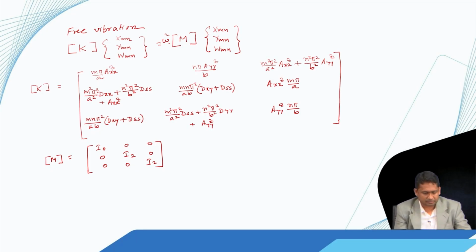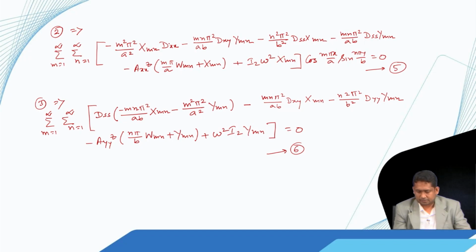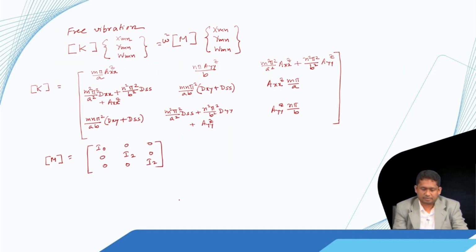Now, this is an eigenvalue problem, and if I solve it, I get omega square as the eigenvalue for each m and n, and here I can get 3 omegas. So, these are the 3 natural frequencies that we get for each combination of m and n, and for each omega we can get an eigenvector, and from there we can define the mode shape. So, this is how we solve the free vibration problem.